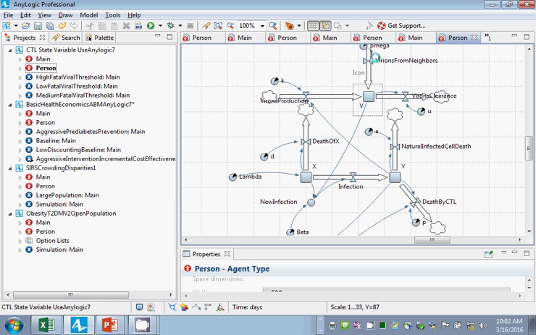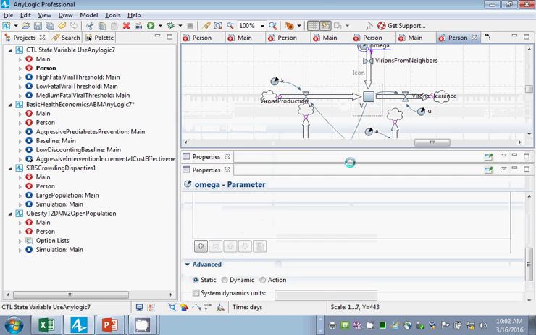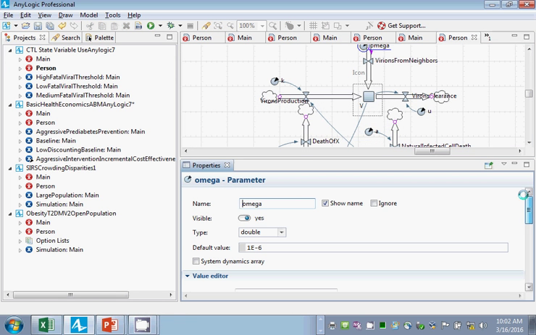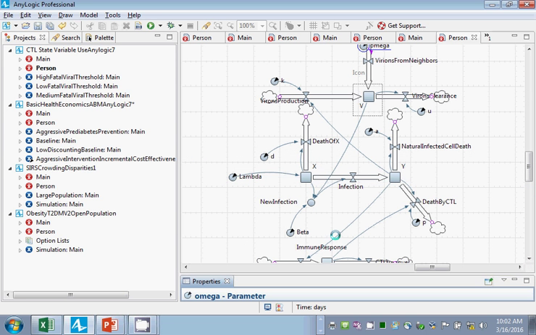But notably, virions can come from neighbors. So I can get exposed. My viral population can grow slightly, and it's a very small effect, according to this parameter omega, based on the influence of others. It's a very small amount of virions that come in, but it's enough to set off a viral multiplication chain.